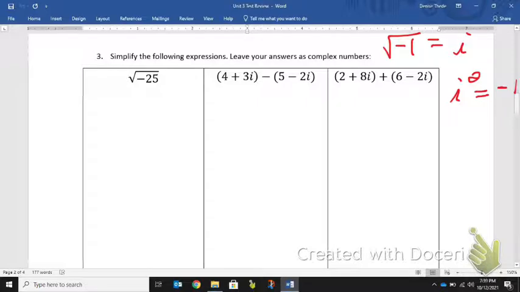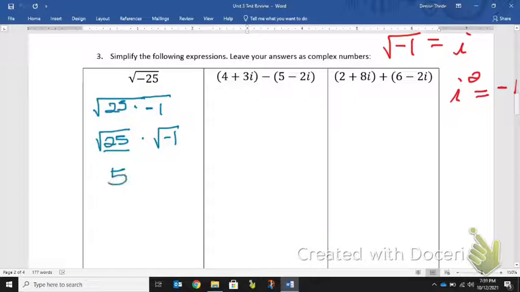All right, so square root of -25 is 25 times -1. I can break those apart and say square root of 25 times the square root of -1. 25 is a perfect square, so the square root of 25 is 5.